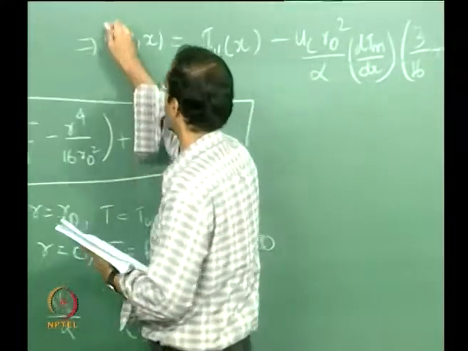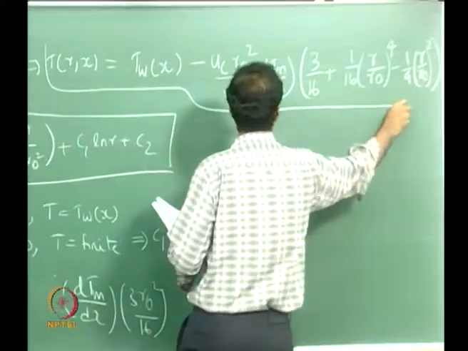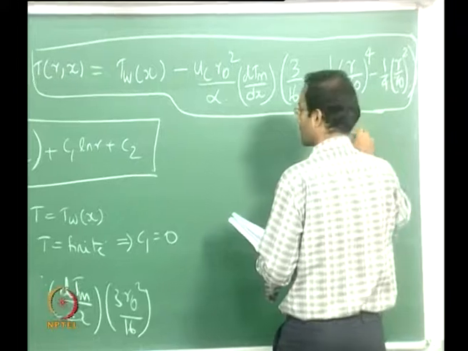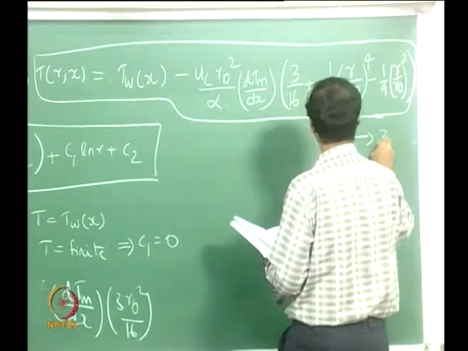Okay, so this will be the final expression for temperature variation. Let us call this equation number 3.